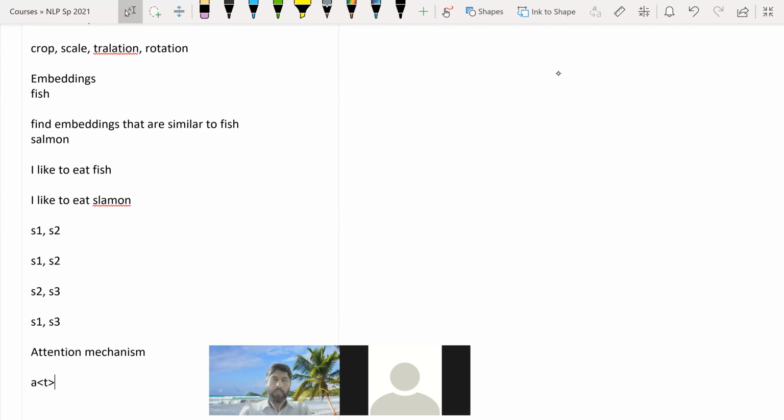Especially if your application is, let's say, language modeling, if you have the output AT, it means that this AT has seen the inputs xt, xt minus 1, xt minus 2, until the start, x1.